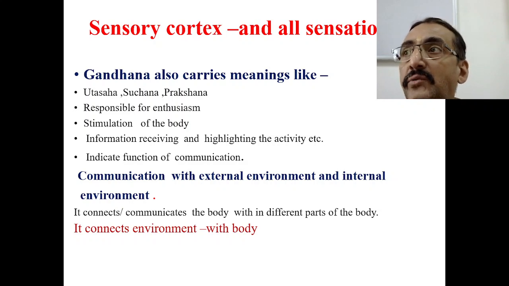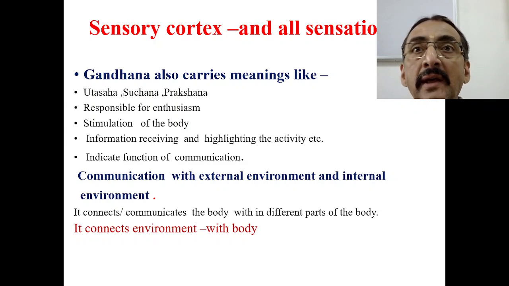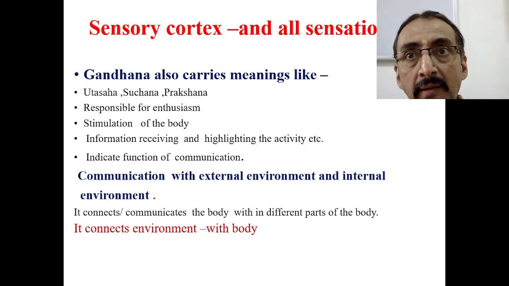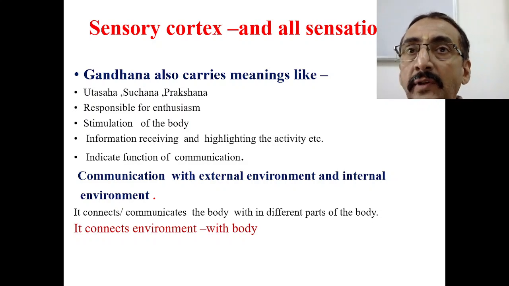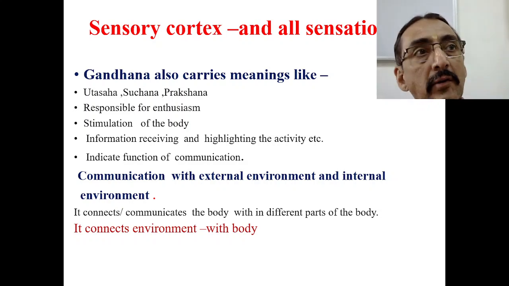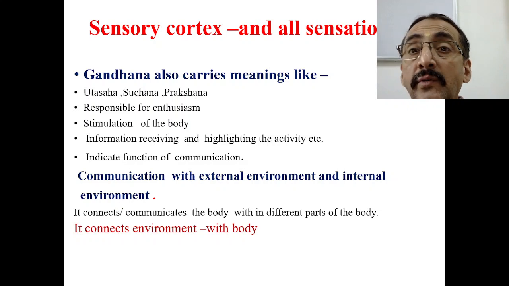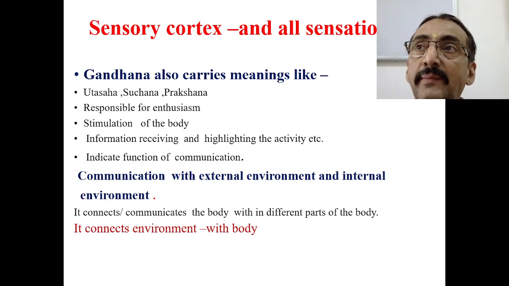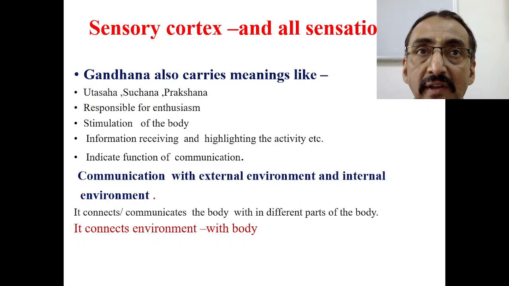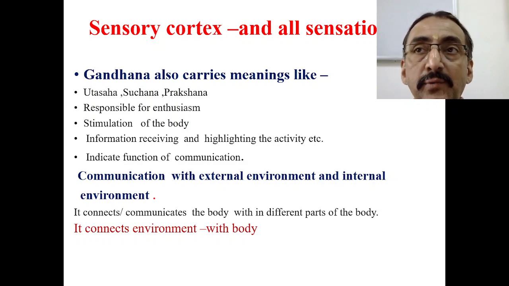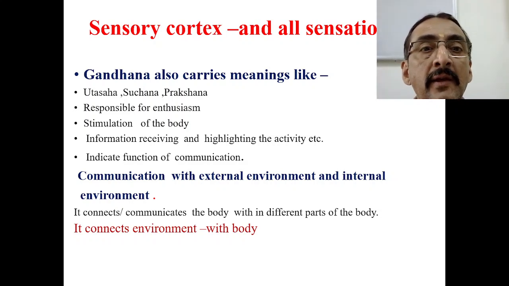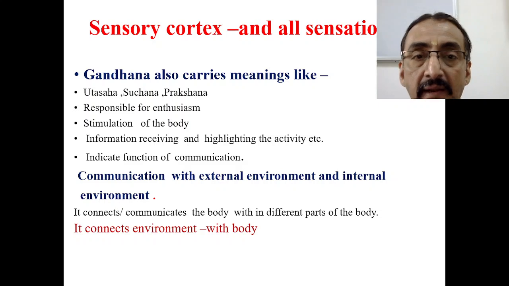He is not connected to the external environment because he has got a sensory block. The sensations which are coming, he cannot perceive them. He cannot read them, he cannot direct them, and he cannot send them to the next portion. That is the reason he gets blocked there. Sensory block is there, therefore he is disconnected from society. That is one of the reasons. Reciprocal reactions will not be seen there. So this is the meaning of Gandhana.